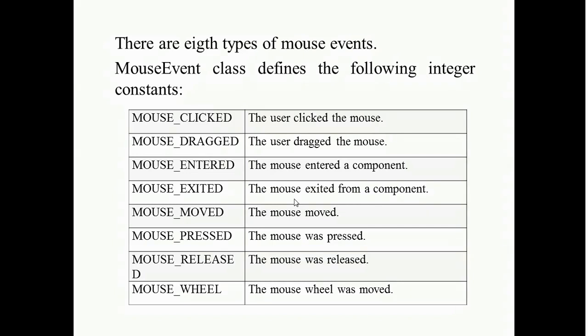These 8 are the types of the mouse event: mouse clicked, mouse dragged, mouse entered, mouse exited, mouse moved, mouse pressed, mouse released, and mouse wheel. These are the mouse events.